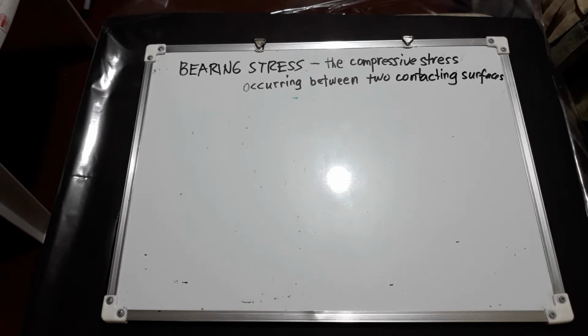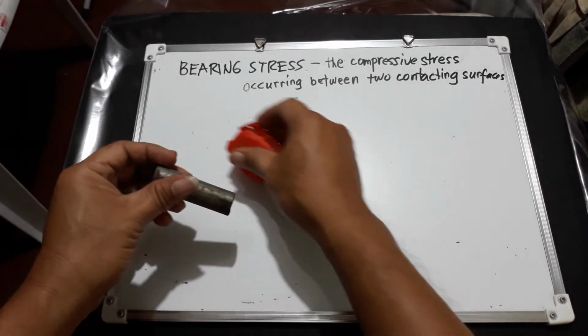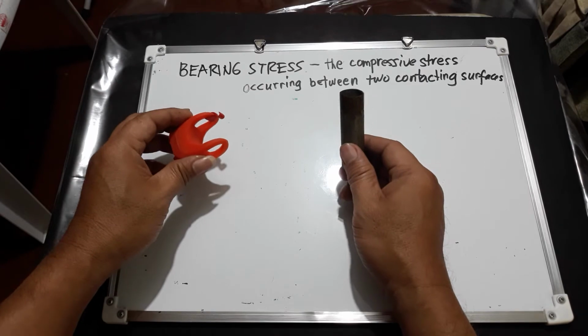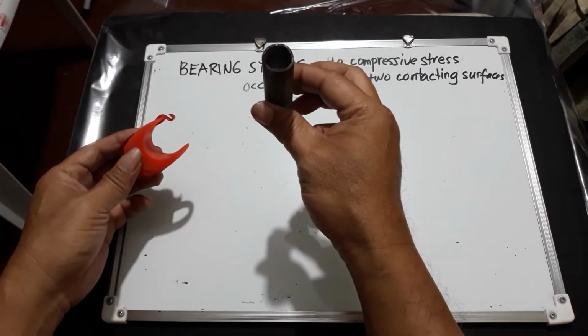So to illustrate what bearing stress is, I have two separate bodies. So this one is curved and this one is circular.